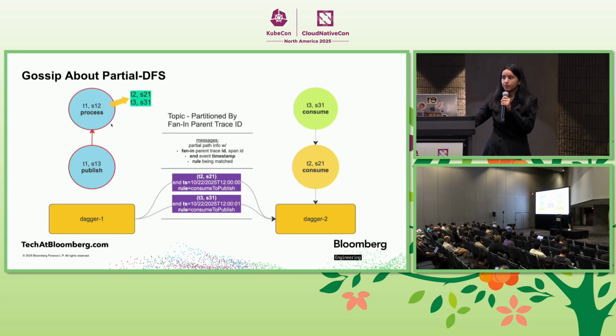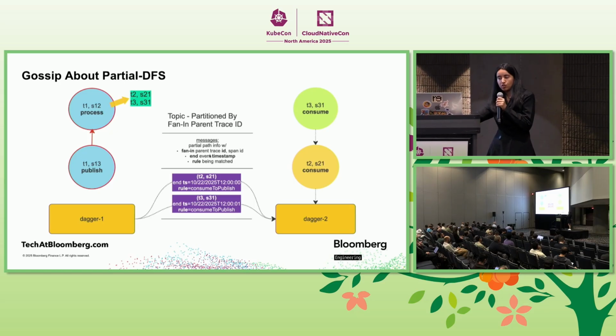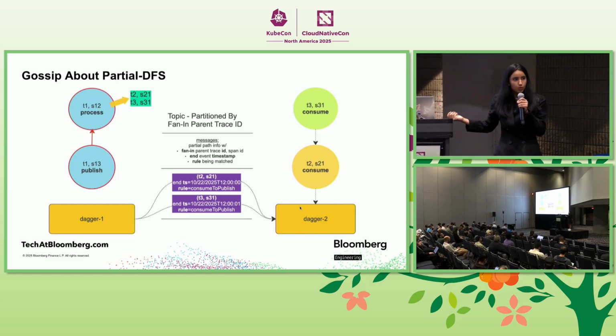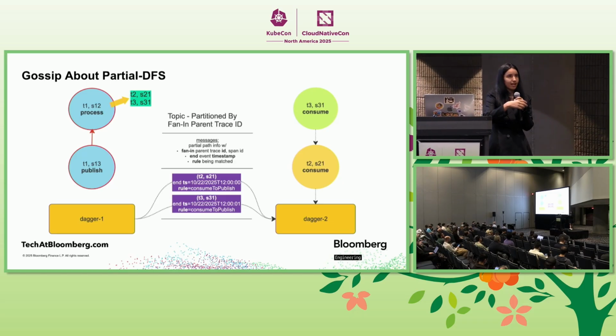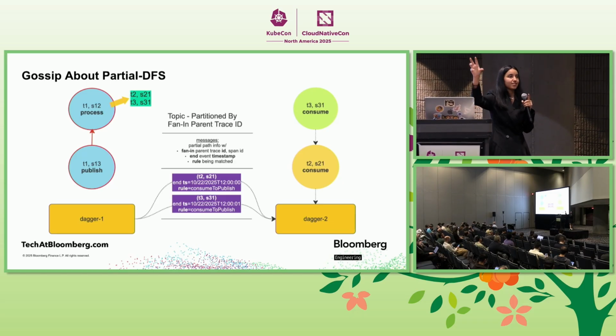For example, let's say I want to go to the Dagger instance that has trace T2. So I will send it into the partition for trace T2, hashed. And that is what Dagger 2 is already consuming from. So we are using a message queue, Kafka in particular, which is partitioned in a way that we know which instance is going to receive what.